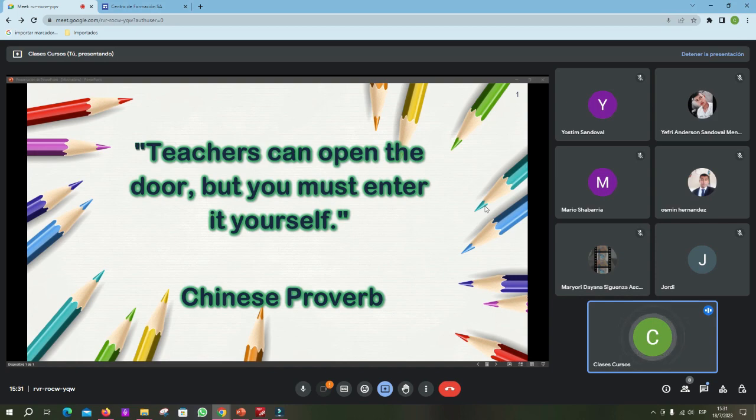What do you think about this motivation or this quote, Mr. Jordi? What is your opinion about this? Teachers can open the door, but you must enter it yourself.